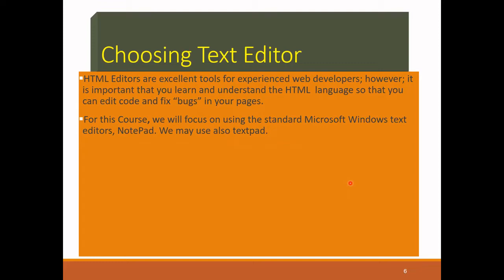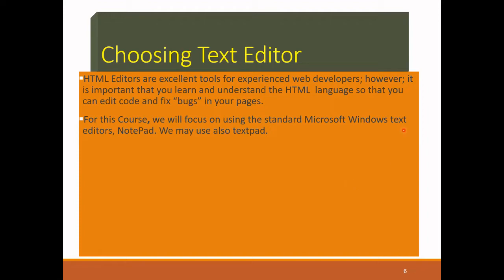But since we are learning HTML from the very beginning, it will be better for us to write on our own, without syntax typed already or any kind of help, so that we learn this language properly.